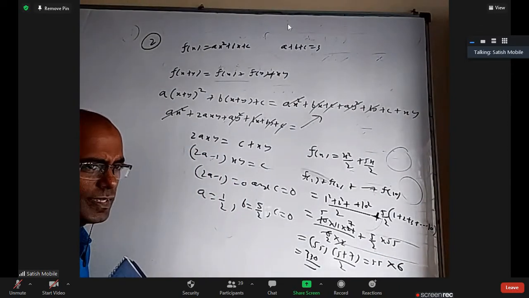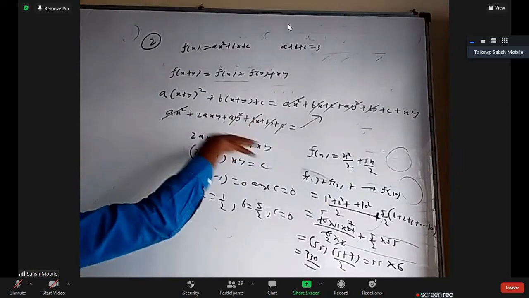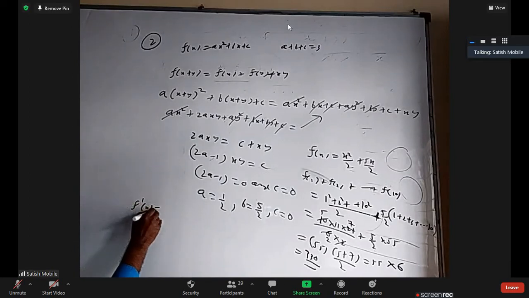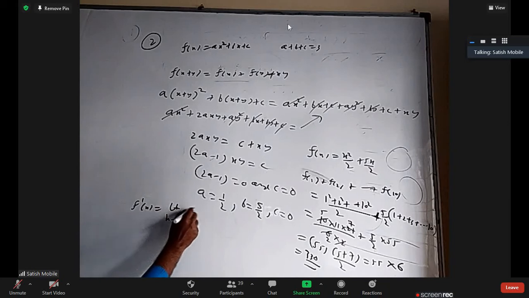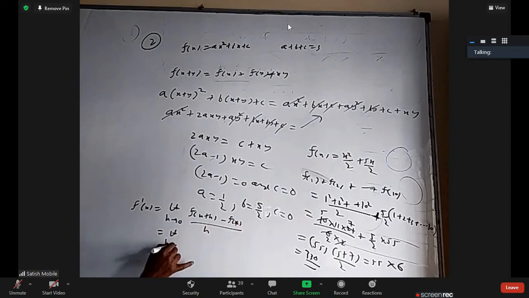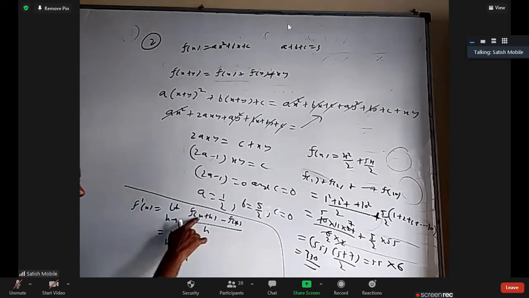So nothing much about functions here. They just gave an equation and we substituted, or compared the coefficients kind of thing. I want to use calculus. Let me see if I can use it. F dash x can be written as limit h tends to 0, f of x plus h minus f of x by h. Based on the given formula, f of x plus y is f of x plus f of y plus xy.